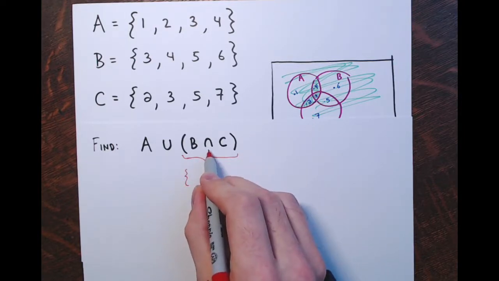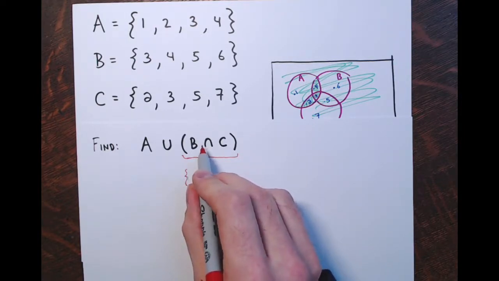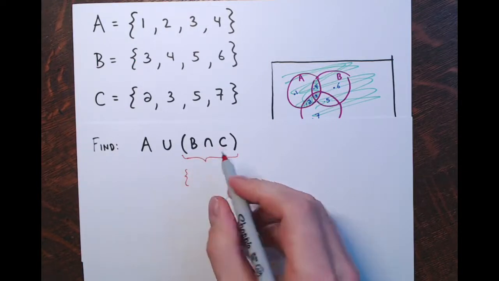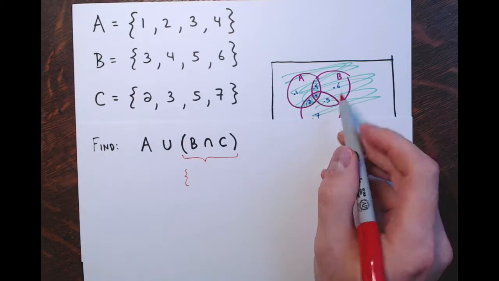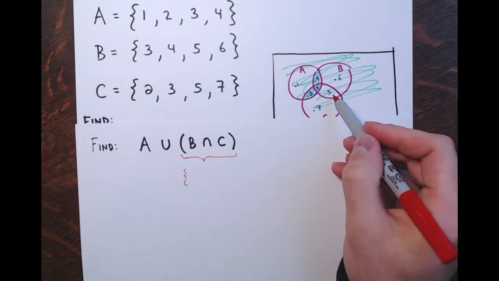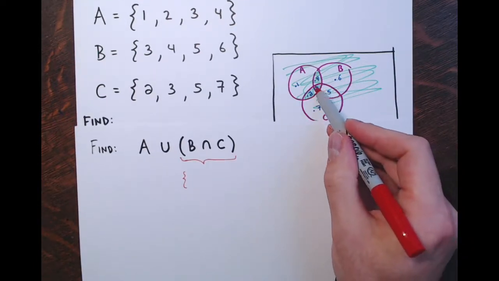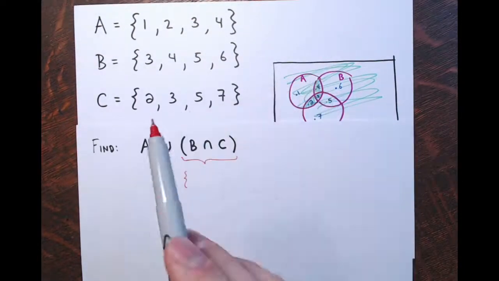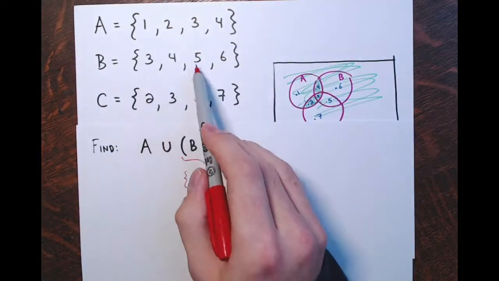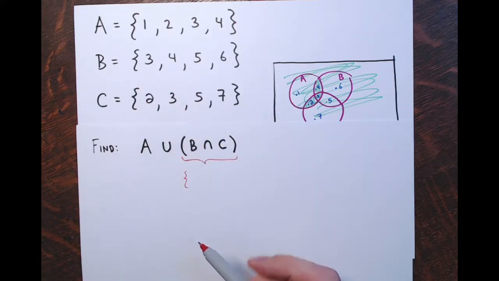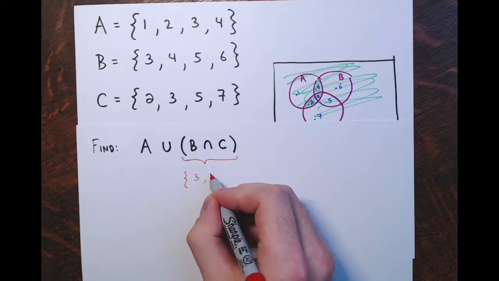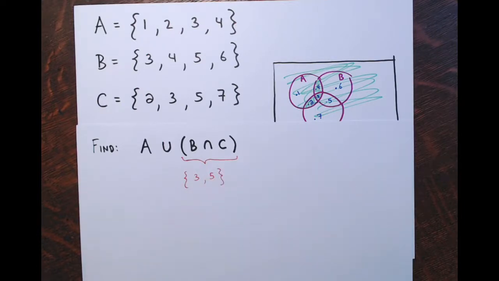So what are the elements in both B and C? Well, you could look at this. The ones in both B and C are in the overlap of B and C. That's 3 and 5. Or just look at B and C. See how they both have 3, they both have 5, and those are the only 2 that they share. So this intersection is the set with elements 3 and 5.